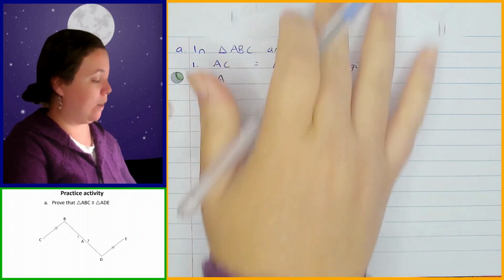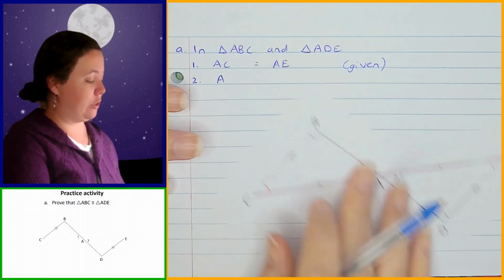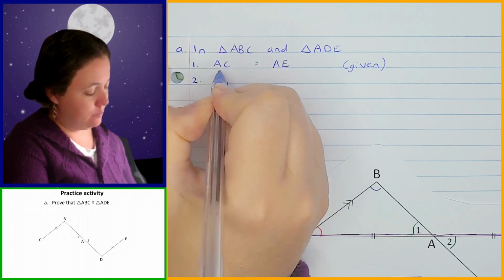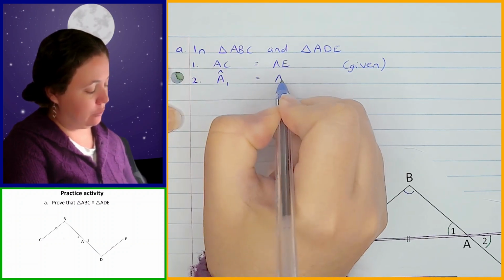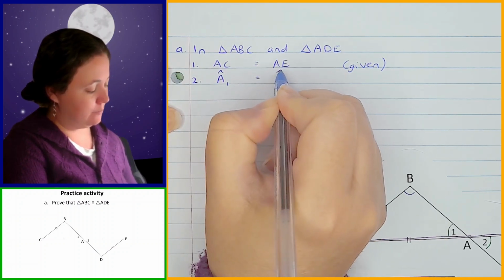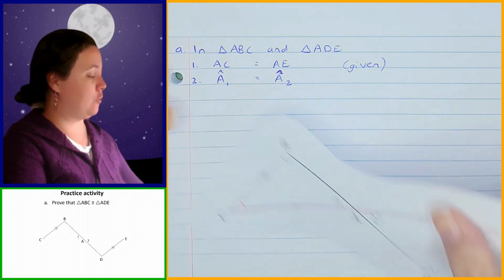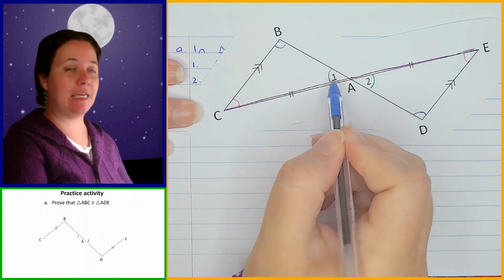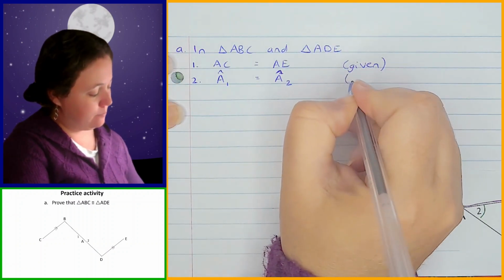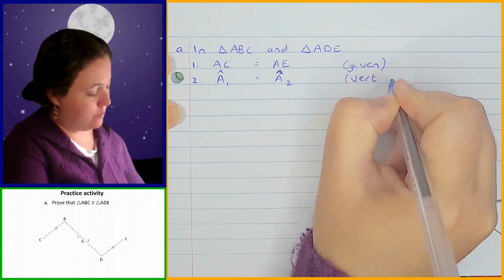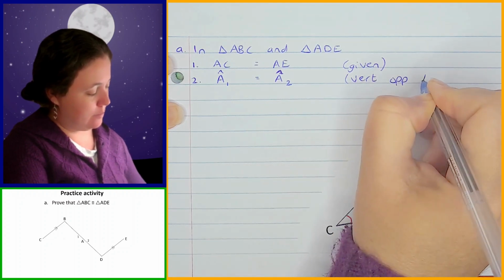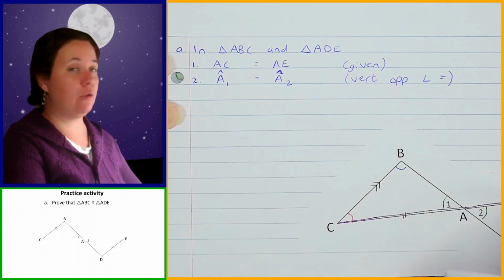Angle A1 is in this triangle, so it goes first, equals angle A2. And the reason I know that those are equal is because they are vertically opposite, and vertically opposite angles are equal to each other.